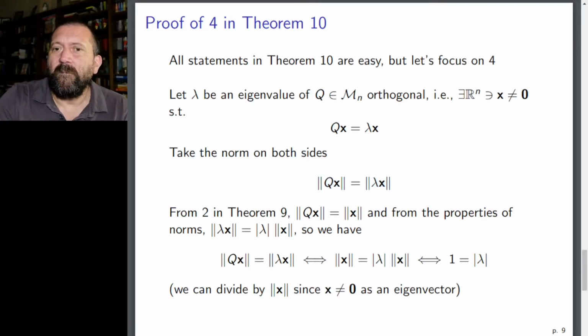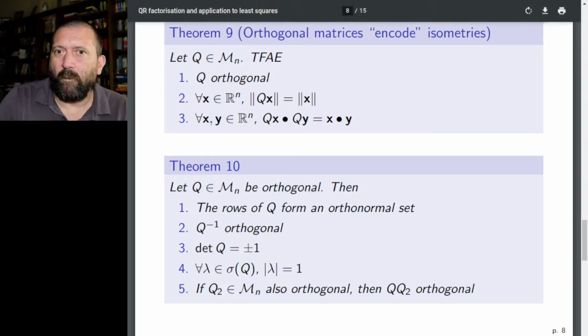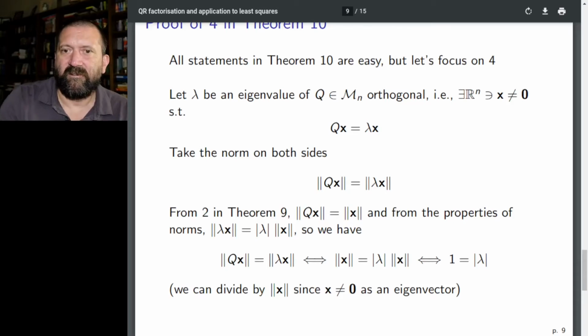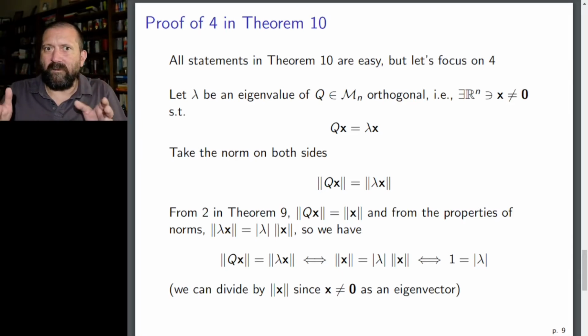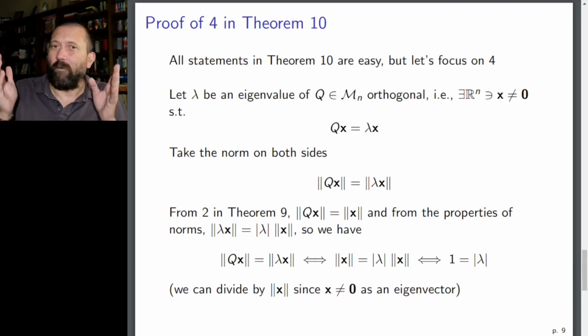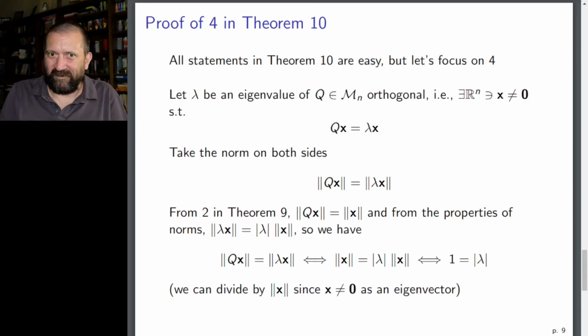Now, from that theorem just before, that all conditions are equivalent, if I have an orthogonal matrix, then I know that the norm of Qx is equal to the norm of x. So I'll use this here. And from the properties of the norm, I know that the norm of a scalar times a vector is equal to the absolute value or modulus of that scalar times the norm of the vector.